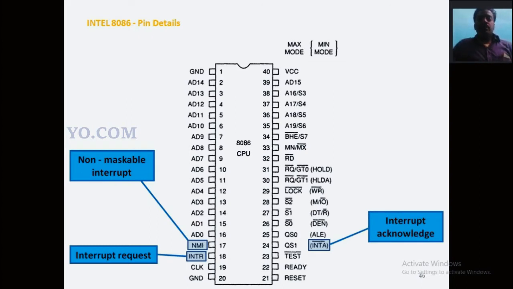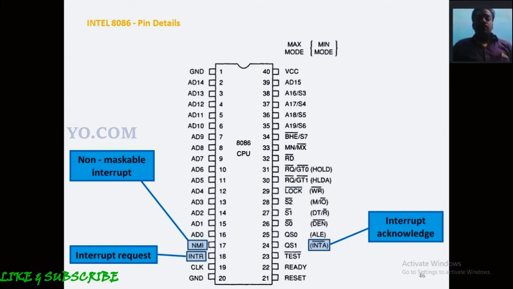And the next one is INTA, interrupt acknowledge. Interrupt request and interrupt acknowledge work with each other. With an interrupt request, the external device asks the microprocessor to execute the interrupt program.